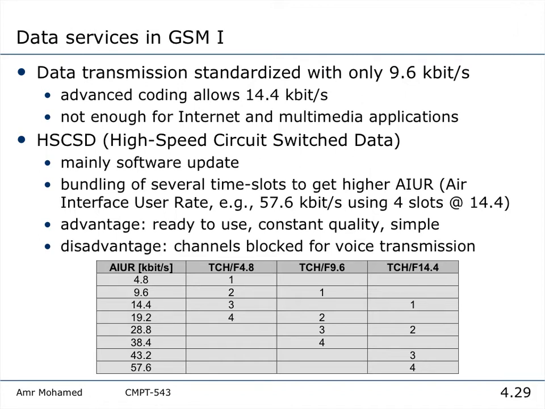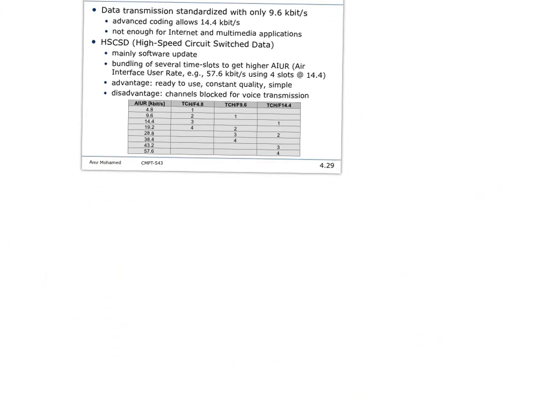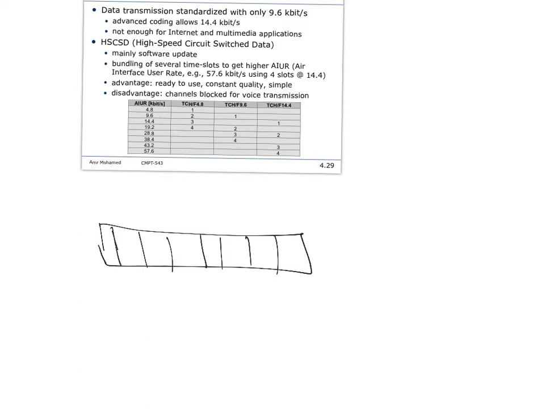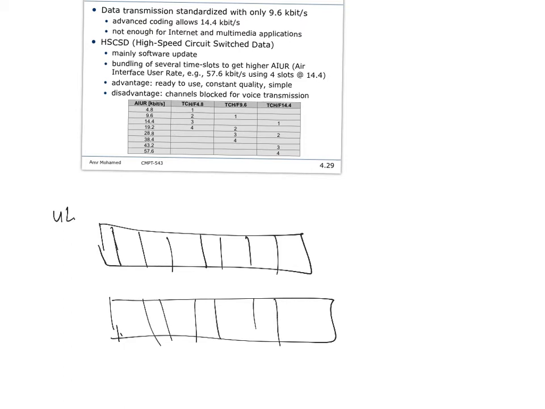The only limitation with that is that, remember, if you have one super frame which is composed of 8 time slots, and this is for uplink, and you have another super frame which also corresponds to 8 time slots in the downlink, right?